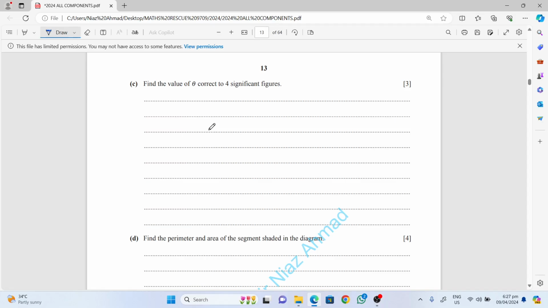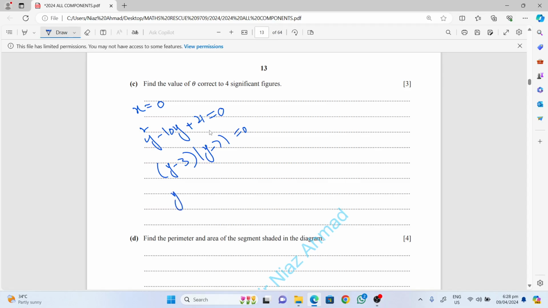The value for the theta on y-axis, remember this, on y-axis x is always equal to 0. So if you have an equation that is y squared minus 10y plus 21 equals 0, if you factorize this expression, this is y minus 3, this is y minus 7 equals 0.